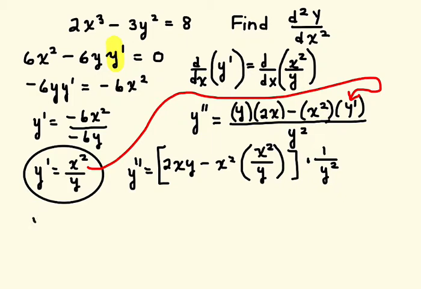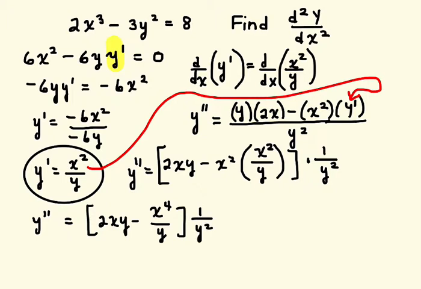So that means that y double prime is equal to 2xy minus x to the fourth over y. And of course, this is multiplied by 1 over y squared, so we're just going to distribute the 1 over y squared.